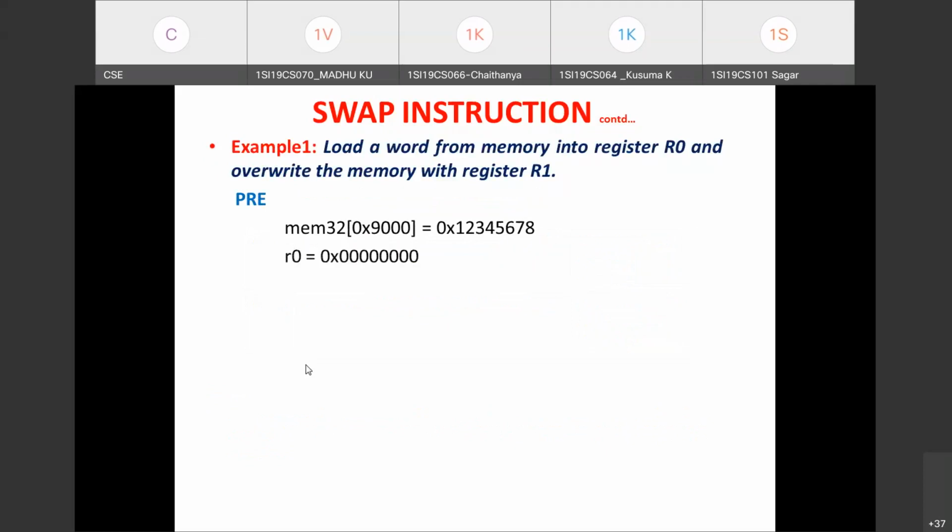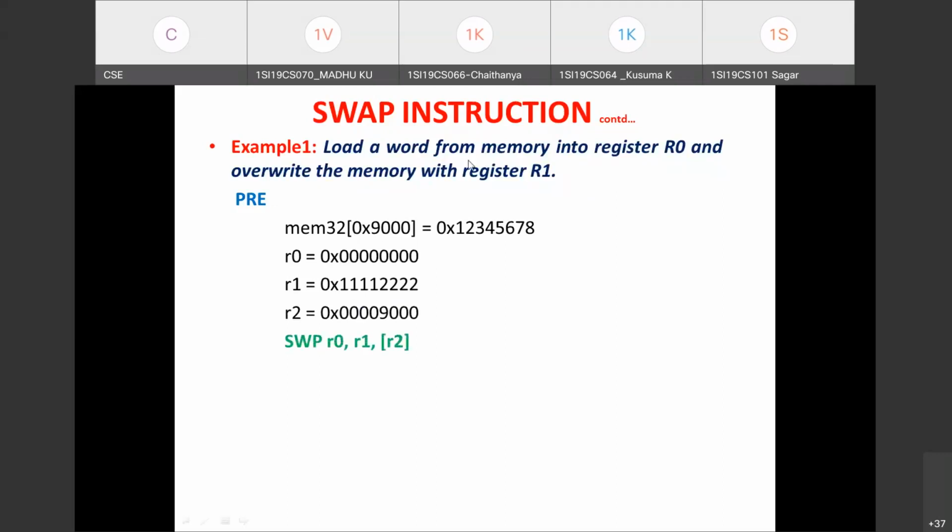R0 has the value 0. R1 is initialized with four 1s and four 2s. R2 holds the address, and in our instruction we are taking R2 as a pointer to the memory location whose data is to be exchanged. And this is the swap instruction we are going to write.